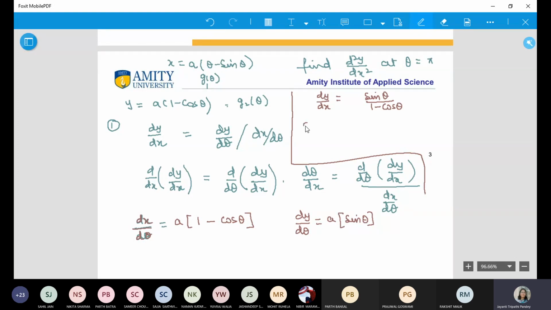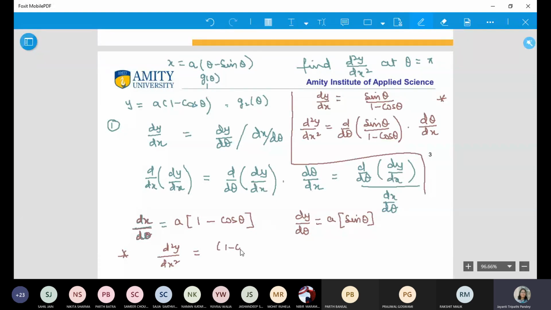Okay. Now what will be d2y by dx square? This is d by d theta of sine theta upon 1 minus cos theta into d theta by dx. Now substitute it. Let me put a star here. So d2y by dx square is equal to, now differentiate it with respect to theta, use the quotient rule.